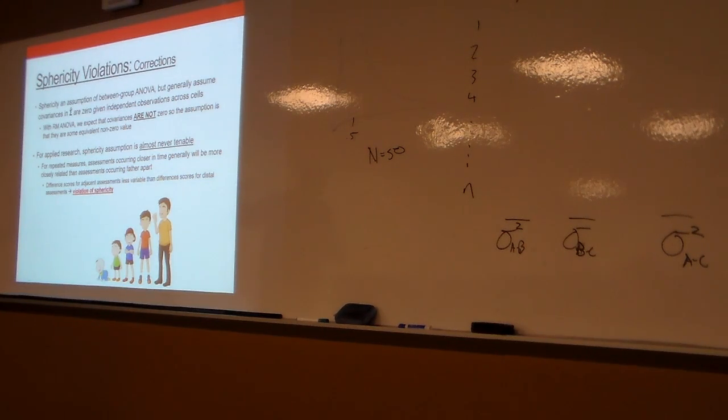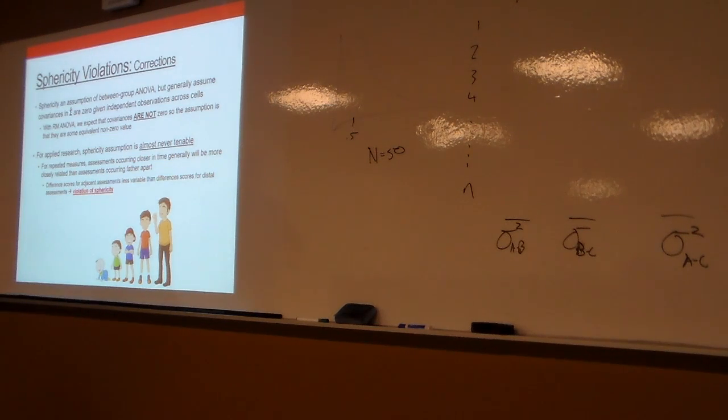Now the problem is for our applied research, the type of stuff that we do, our sphericity assumption is almost always violated, okay? We are never going to go into a situation and just assume that we met criteria for sphericity here. The issue is that if I've got a repeated measures design, particularly with any sort of distance in between our repeated assessments, what we're going to find in general is that measures that are made closer in time are going to be more tightly correlated than measures that are more distant, right?